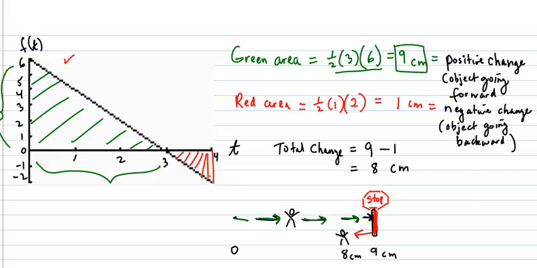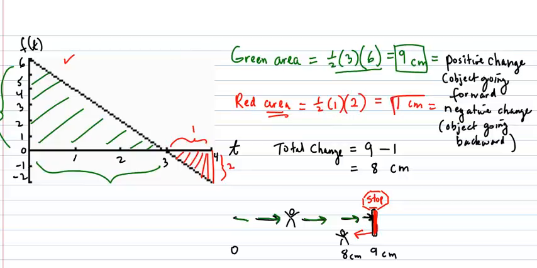But then the red area accounts for all the negative velocity, and that's 1/2 base times this height. On a triangle, it's 2, but of course that will become negative position change. So when you're talking about area, you use positive numbers, but then you account for it in the story of the problem by saying, okay, so it's 1/2 base times height of the triangle.